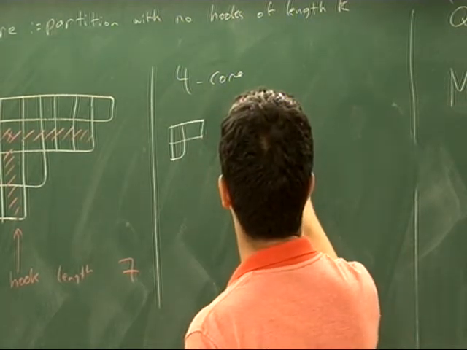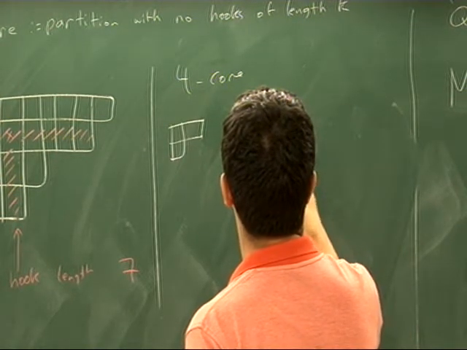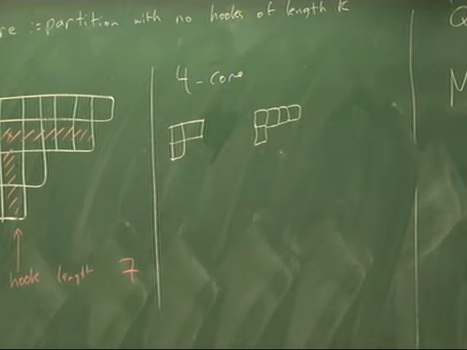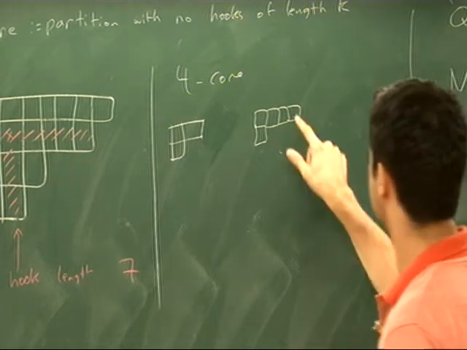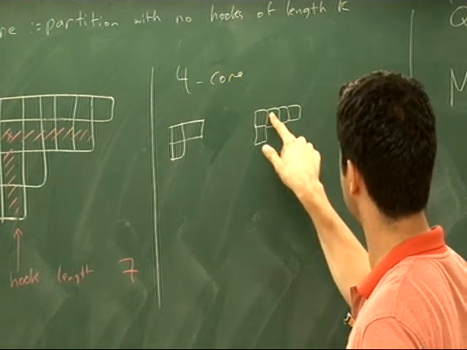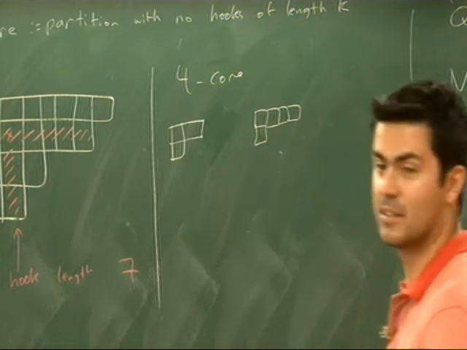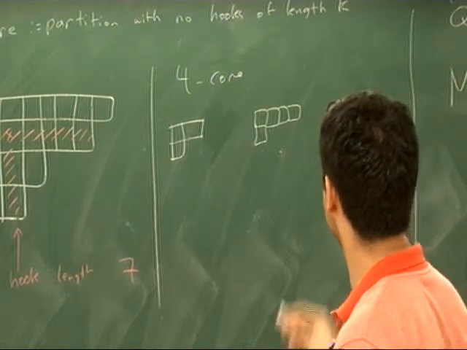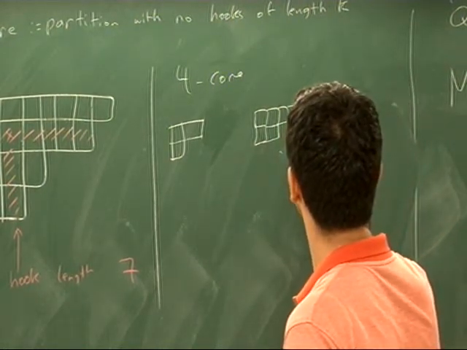What about this one? Is that a 4 core? So yes, right? Because this hook's length is 1, 2, 3, 5, and 1. It's not at least k, it's exactly k. So this one is also a 4 core.